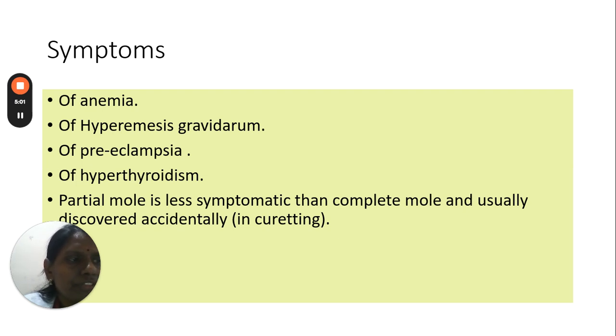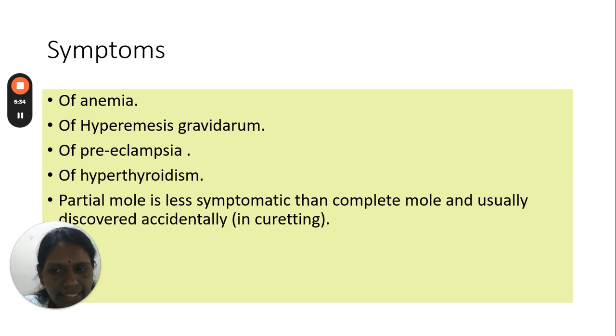On pathology, evidence of a fetus is absent in complete molar pregnancy but may be present in partial mole. Villus edema is present in complete mole, and trophoblastic proliferation is diffuse in complete mole and focal in partial mole. Immunostaining for P57KIP2 is negative in complete mole and positive in partial mole.